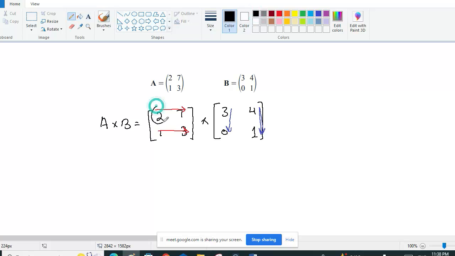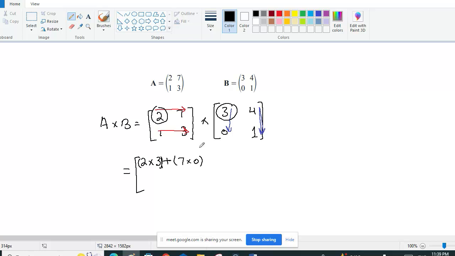So if I have to multiply these two matrices, how am I going to do that? The tail of the arrow will be multiplied by the tail of this arrow, that is 2 multiplied by 3 plus 7 multiplied by 0. Obviously it will become 0, but I'm showing you that this is what I'm doing over here.